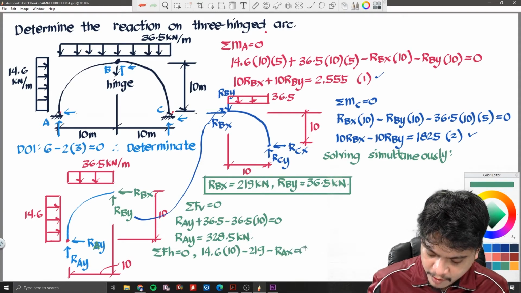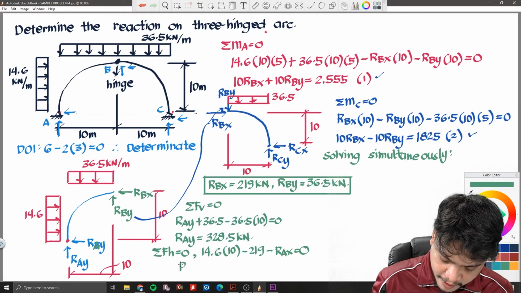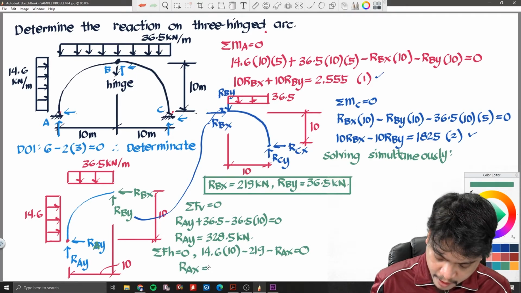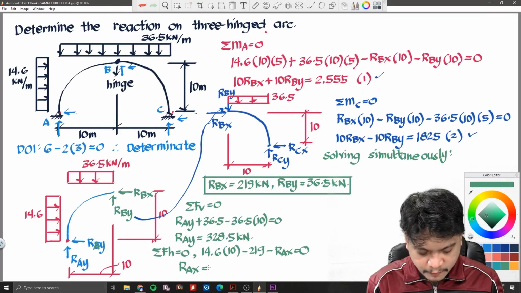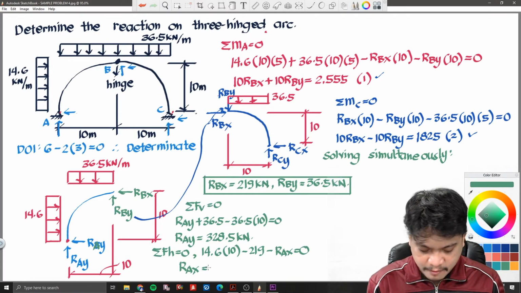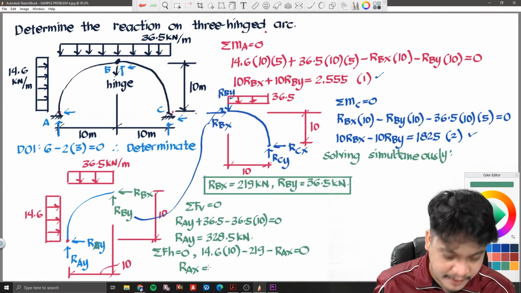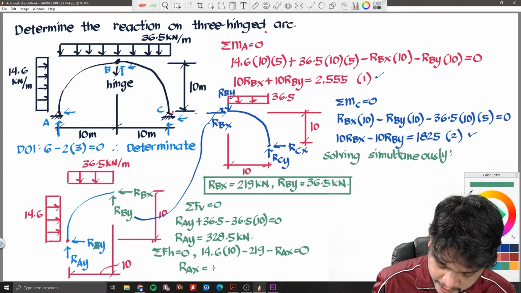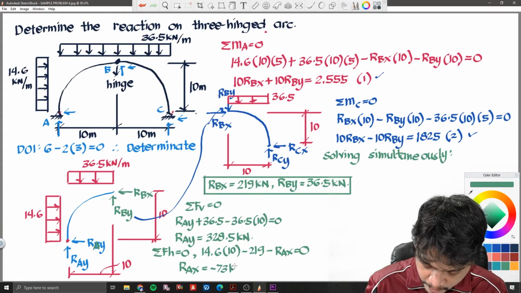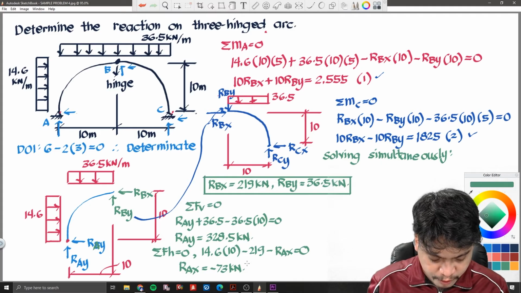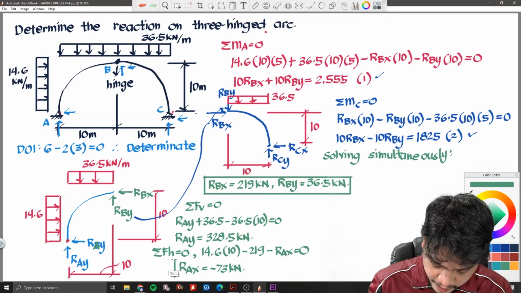And that would become equal to 0. So, I have now the RAX equal to 14.6 times 10 minus 219. So, that is negative 73. Okay, so that's negative 73 kilonewton. So, you will be having here the answer.